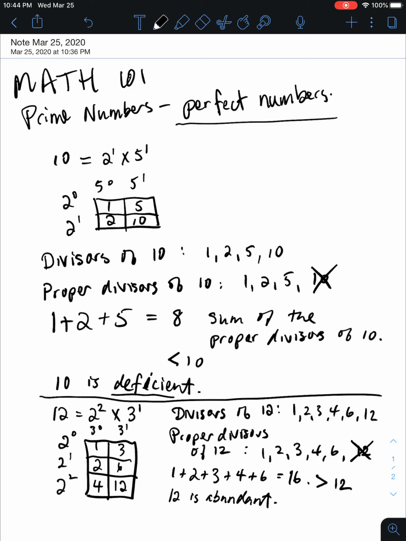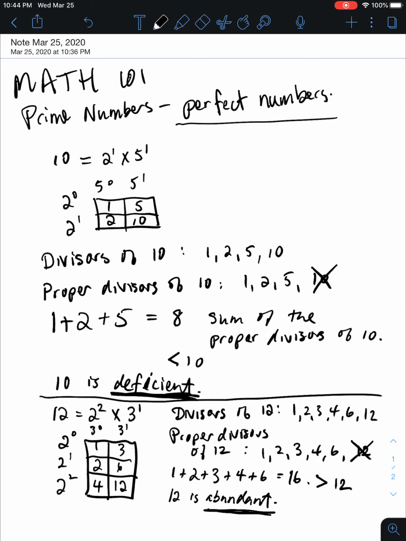That is bigger than 12, and so we say 12 is abundant. So 10 is deficient. The sum of its proper divisors is less than 10. 12 is abundant. The sum of its proper divisors is greater than 12. And most numbers are either deficient or abundant. So an abundant number is usually one with lots of different factors, and a deficient number is one with not so many factors.